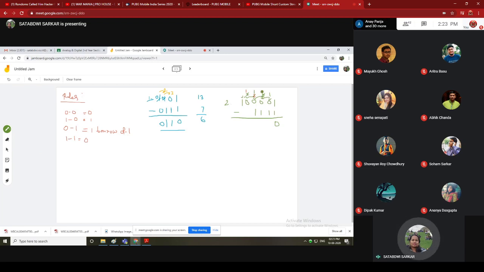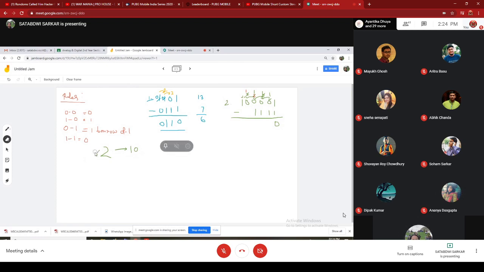So now it becomes 1, and here we borrow 1, but the value is 2. How is it 2? See, actually, if we borrow 1 and 0 was already present, it is 1 0. 1 0 means 2, isn't it?